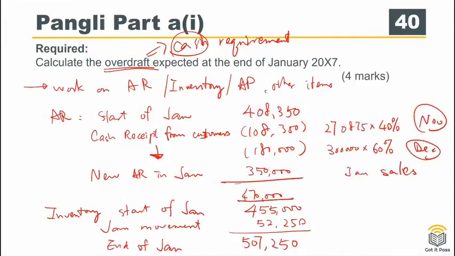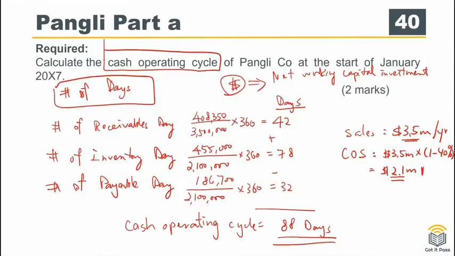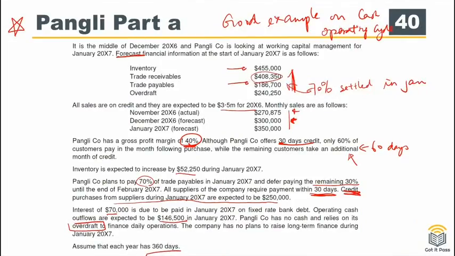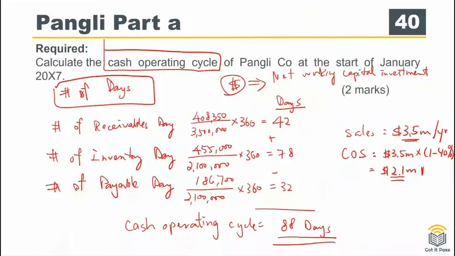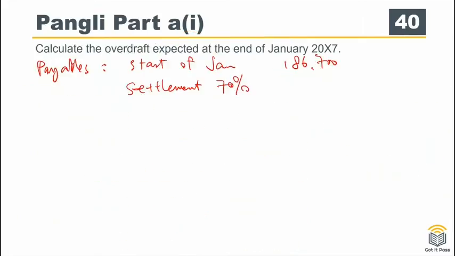It's mentioned in the question that 70% is paid by the company in January, and the remaining will be moved to February. Also remember that credit purchase is 250,000. All this information can help you get the payable balance by the end of January.